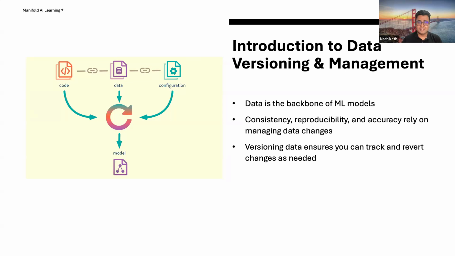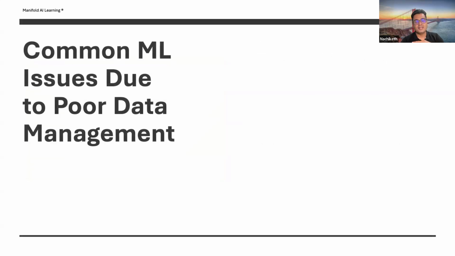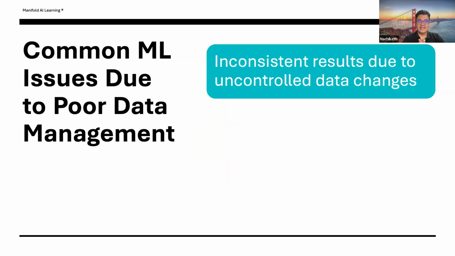Now, why should we worry about data versioning and management? Let's look into the common machine learning issues which might occur because of poor data management. One of the key things that would happen is inconsistent results due to uncontrolled data changes, which means I do not have any control over the changes happening on the data set.